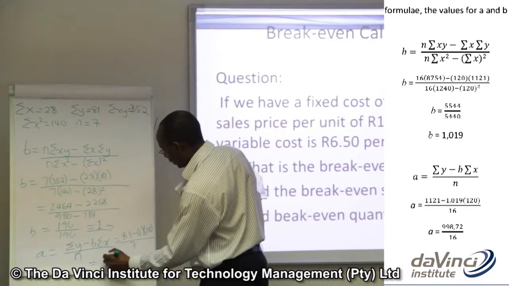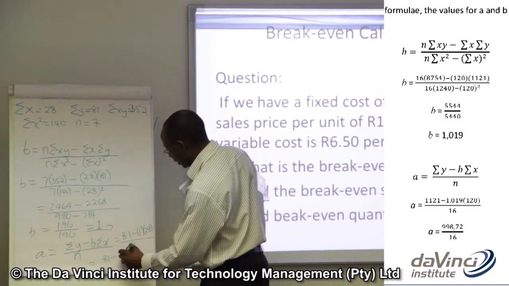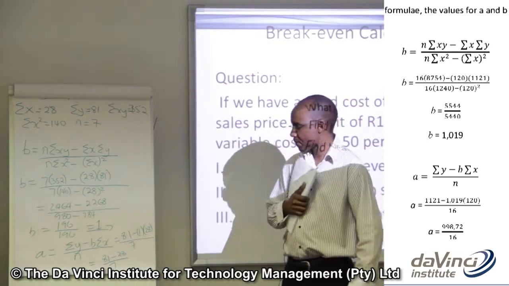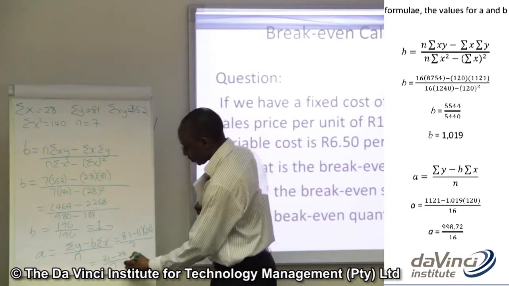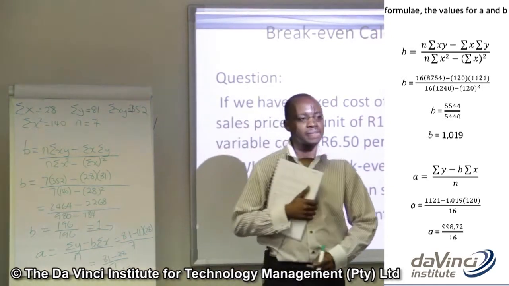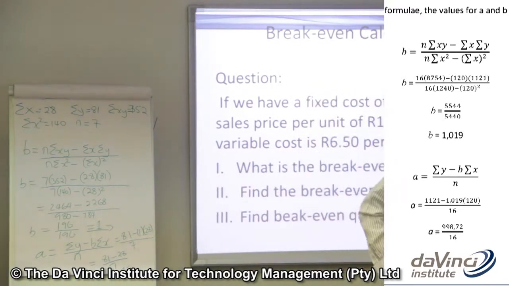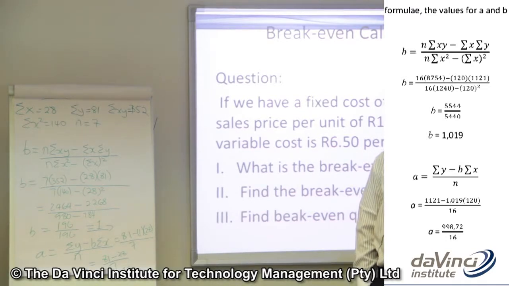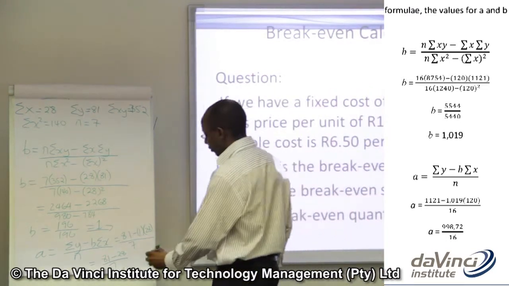So you get 81 minus 28, 53, over 7. It's 53 over 7, which equals 7.57.